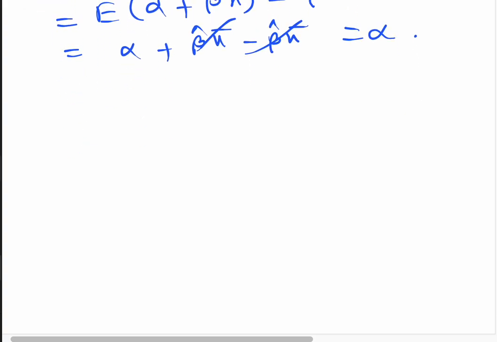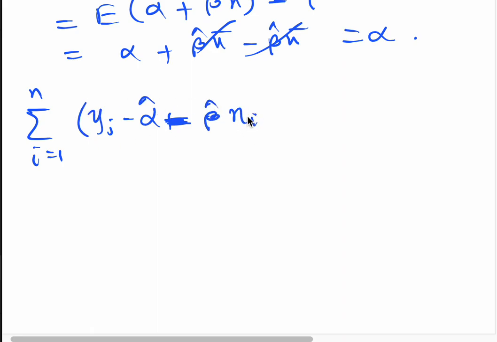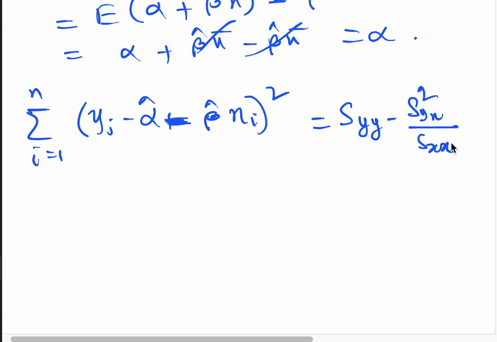And another thing is that the error sum of squares, that means summation i equal to 1 to n of yi minus alpha cap minus beta cap xi, squared, will be syy minus syx square by sxx.